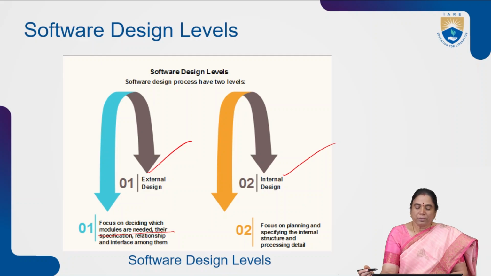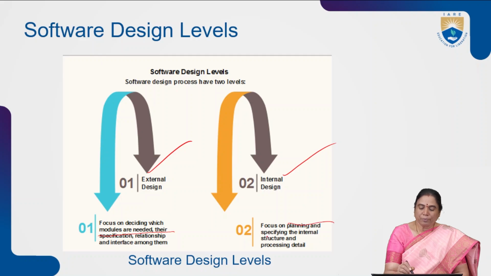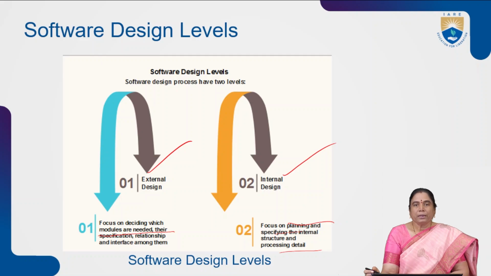The second one is internal design. It focuses on planning and specifying the internal structure and processing details. So the architectural and component level design is more majorly focused in the internal design.